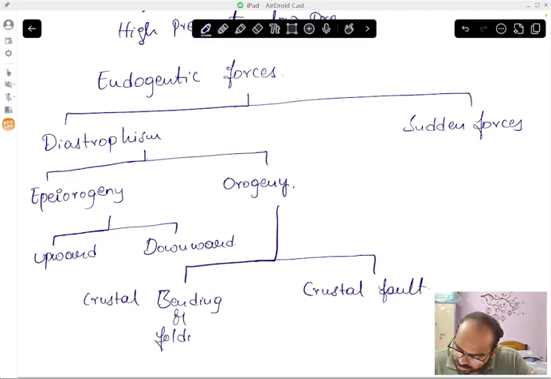Sudden forces are of two types: volcanism and earthquakes.